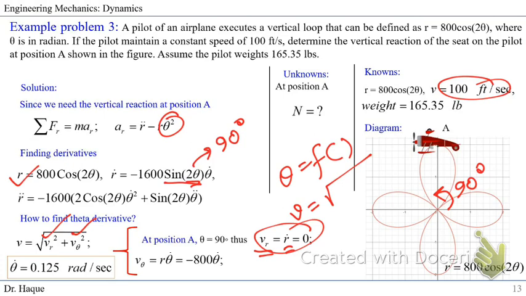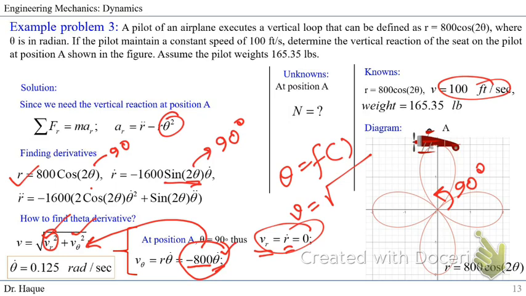So r at 90 degrees, if I put theta equals 90 degrees here, cos 180 degrees is negative 1, that gives me negative 800, and the theta dot remains the same because we're looking for theta dot. So if we plug in V_r equals 0 and V theta equals negative 800 theta dot here, it will be whole square.